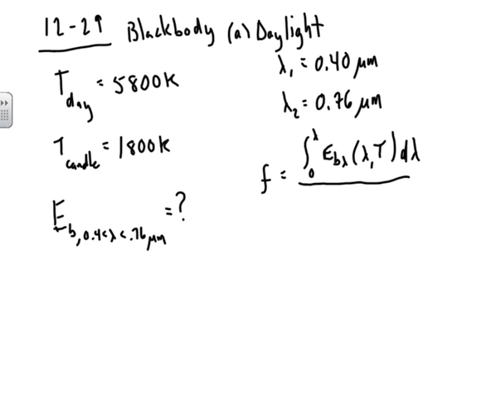The little f is just the fraction because we're comparing the emittance from the integral that goes from 0 up to a particular lambda, divided by what it would be for a black body over the entire spectrum of all wavelengths.